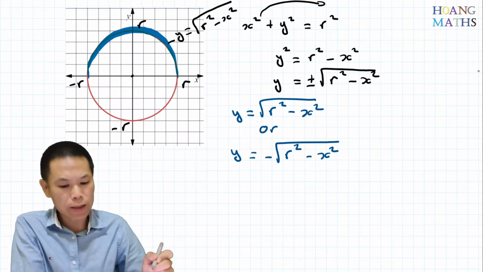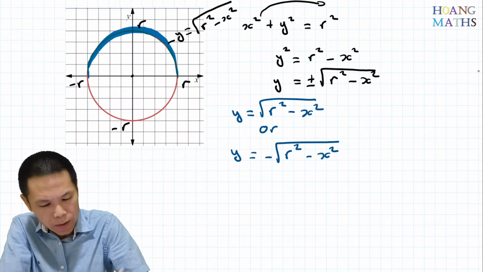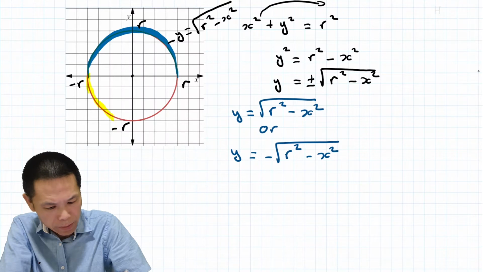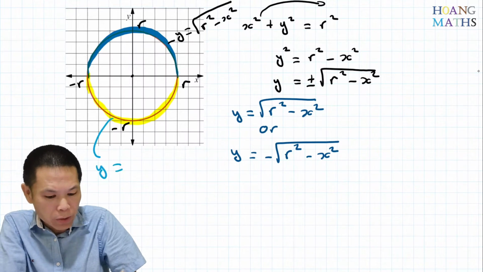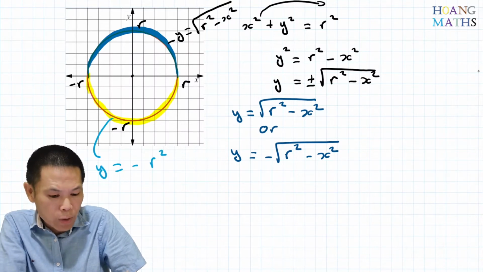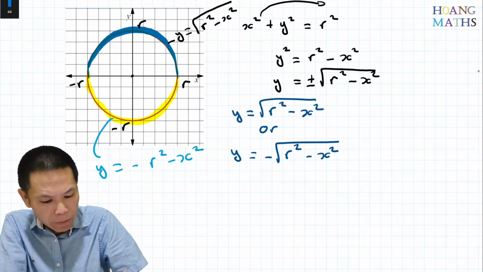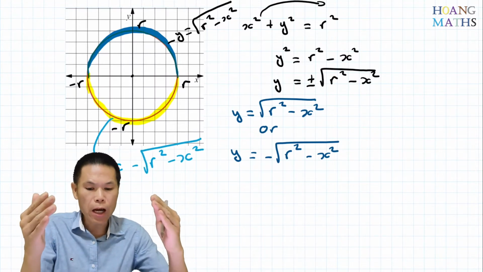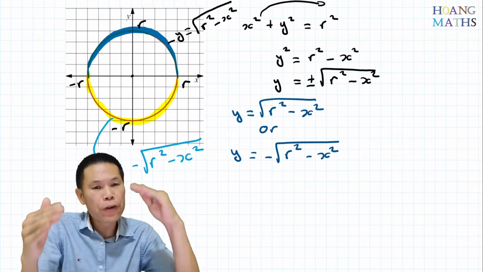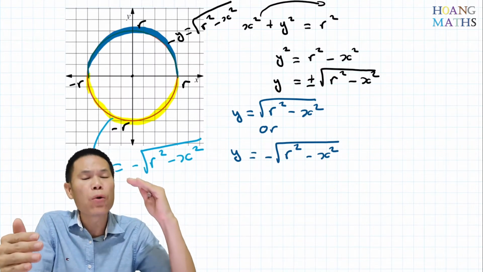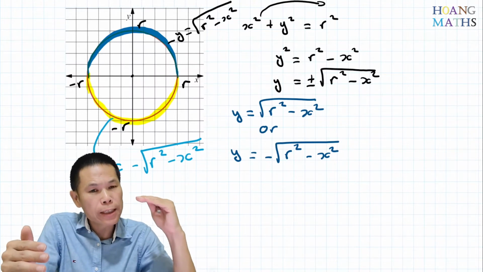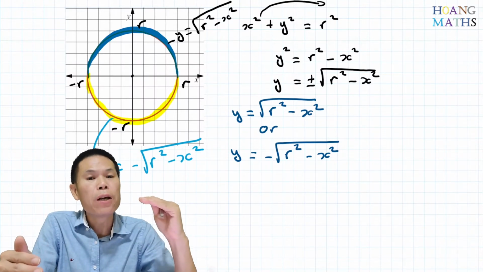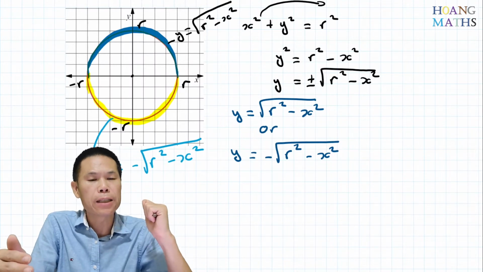And the bottom one is y is equal to negative the square root of r squared minus x squared. There you go. So we have two parts. The first part is positive, the square root of r squared minus x squared, and the bottom part is y is equal to negative the square root of r squared minus x squared.